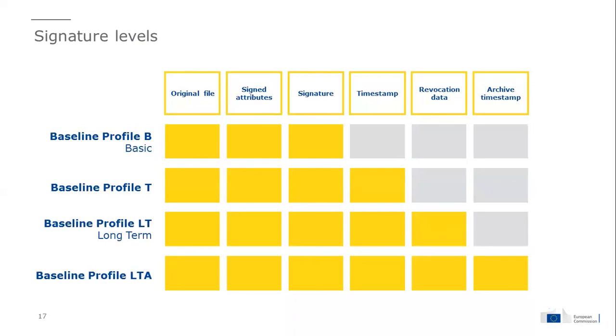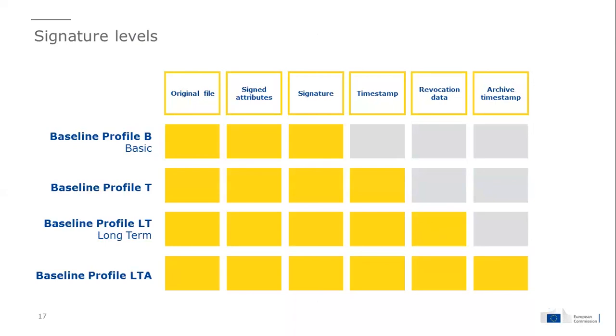the field I mentioned, you will find a timestamp for ensuring the time proof of existence of the signature. You will find the revocation data of all the tokens that are in the file, meaning the signing certificate, maybe the intermediate CA of that signing certificate, the timestamp itself, etc., and everything being timestamped again with archive timestamps.